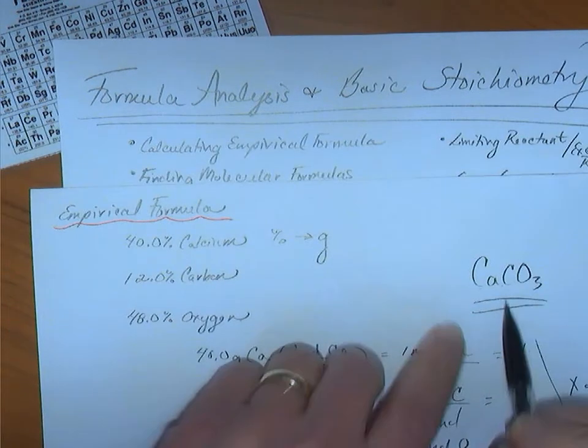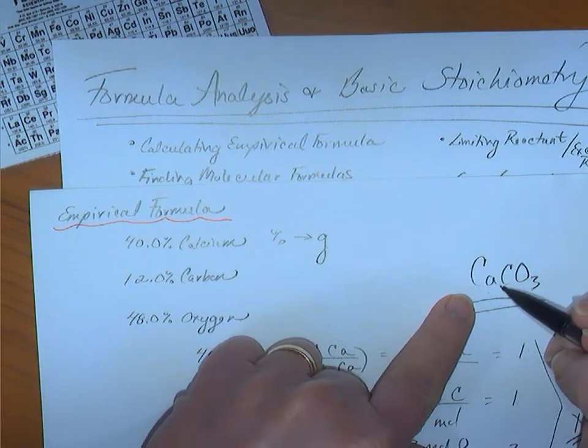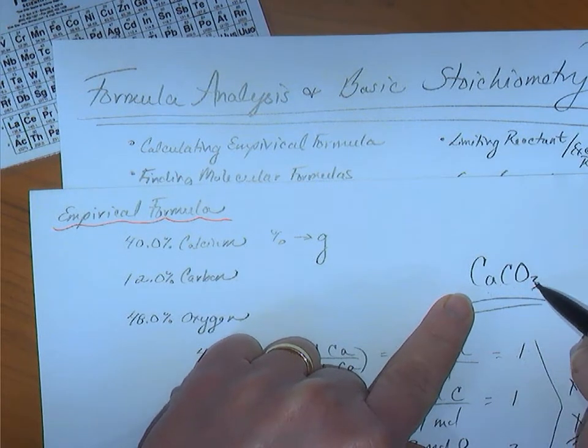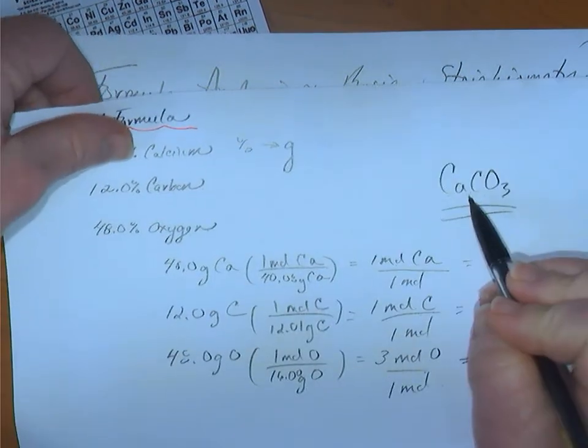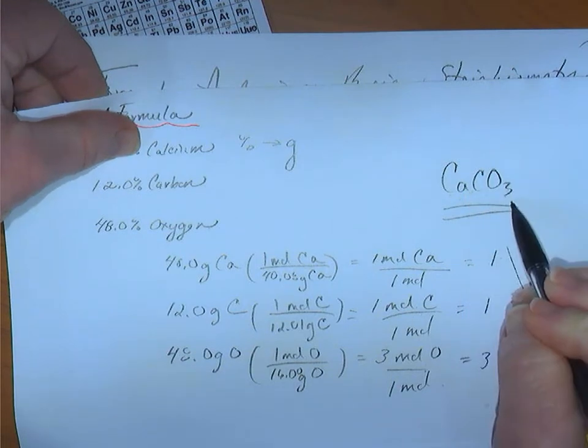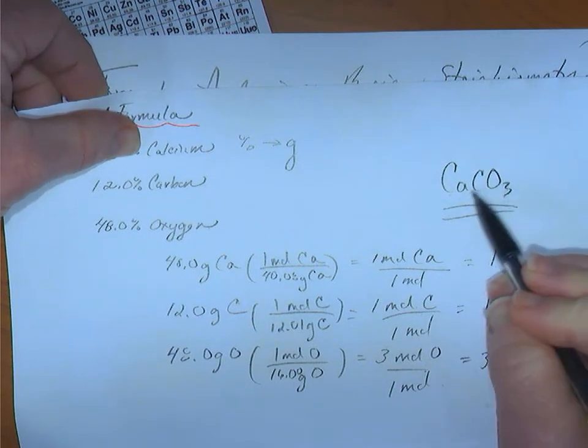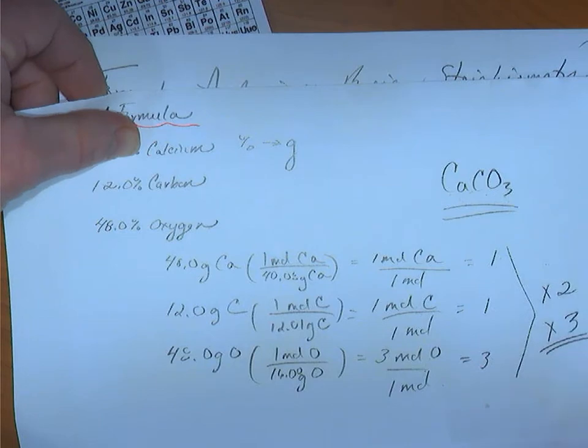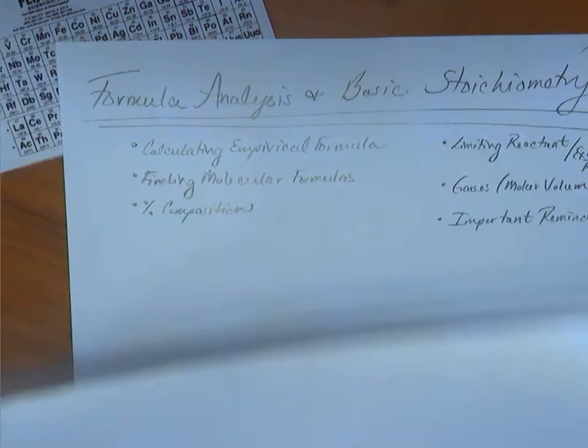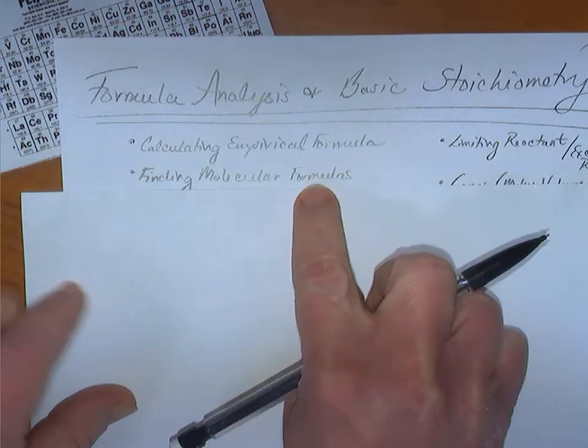Now, remember, empirical formula is the lowest ratio of elements to each other. You could not reduce all of the subscripts by the same factor. They are already in their lowest ratio to each other. Well, a molecular formula is a multiple of the empirical.